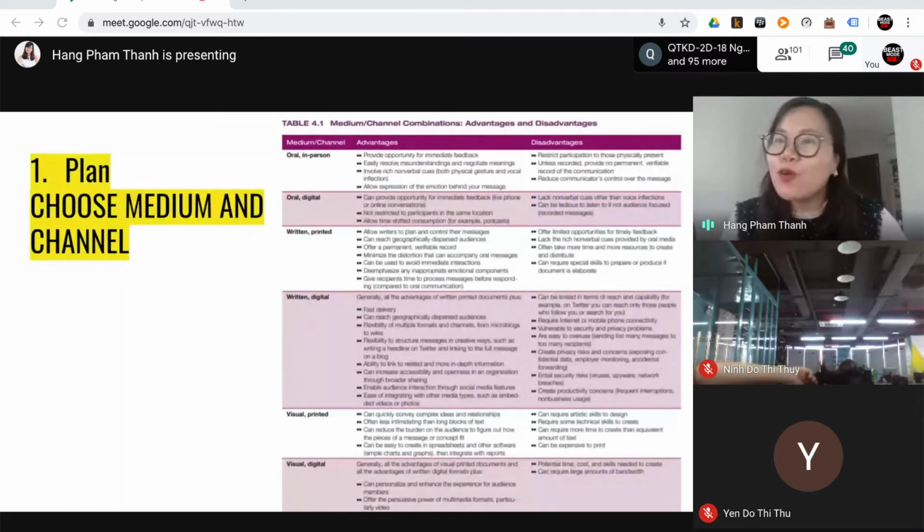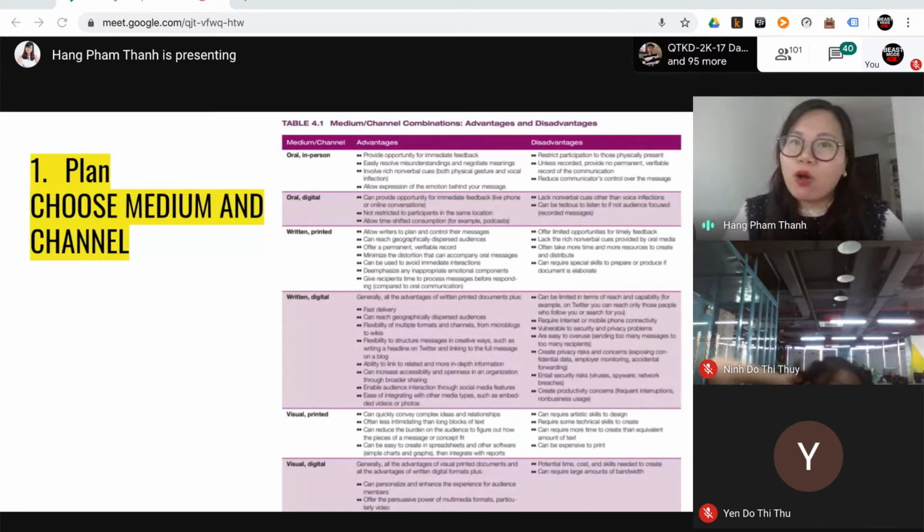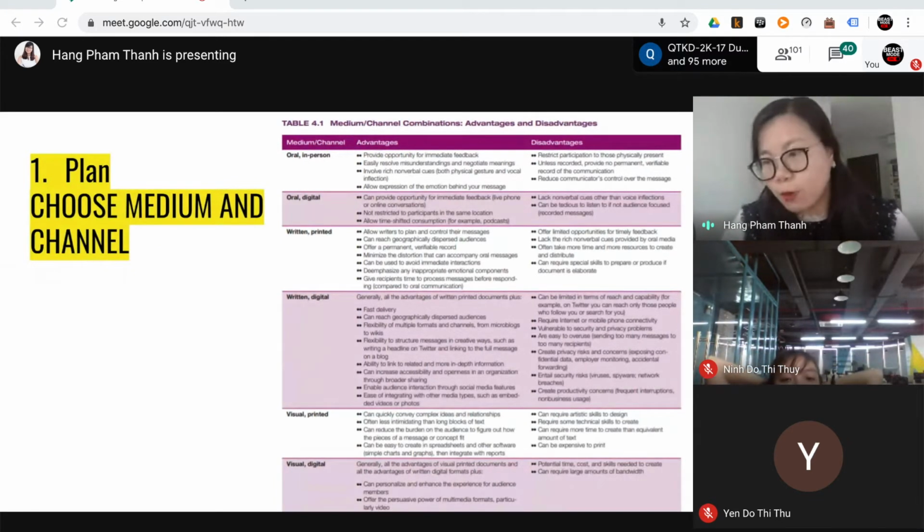But you have no record of the communication if it is just oral and in-person form. Okay, so you can read more about all these mediums and channels in table 4.1 in the textbook. Okay, so let's move to the next point.